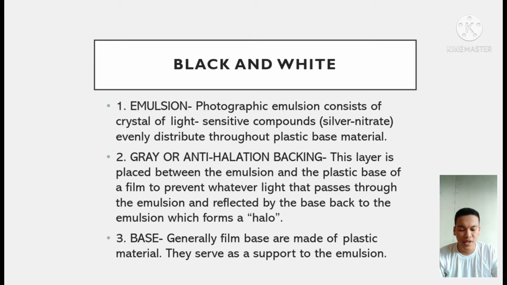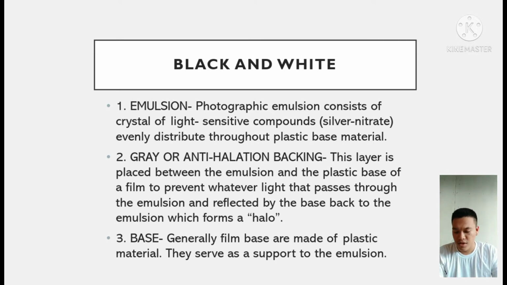The earliest film stock was orthochromatic, sensitive to blue and green light waves, followed by panchromatic, which is sensitive to all light waves. So that is the meaning of black and white films.